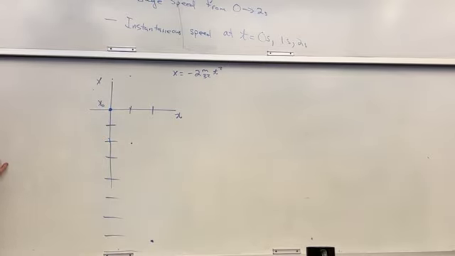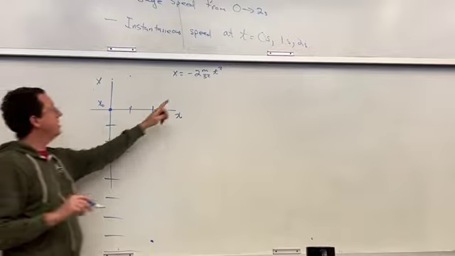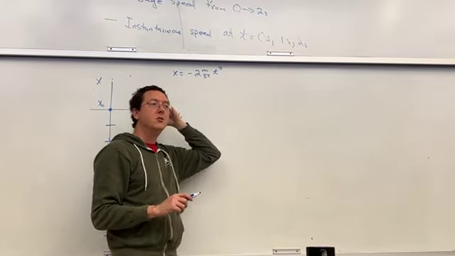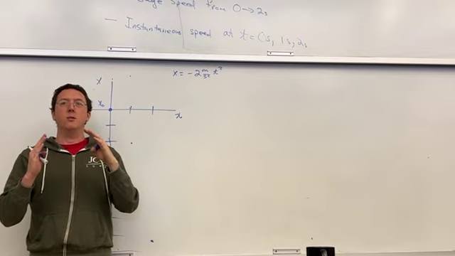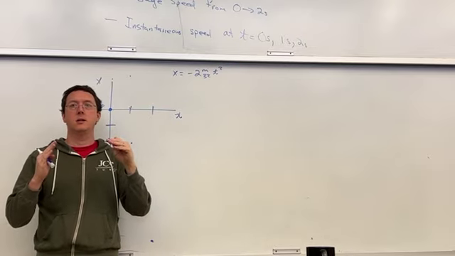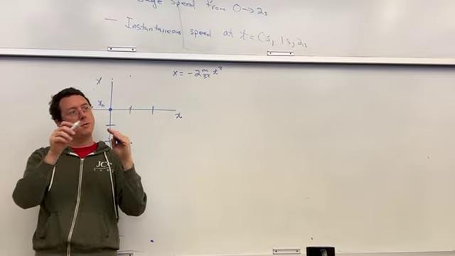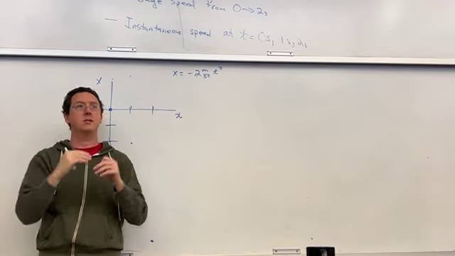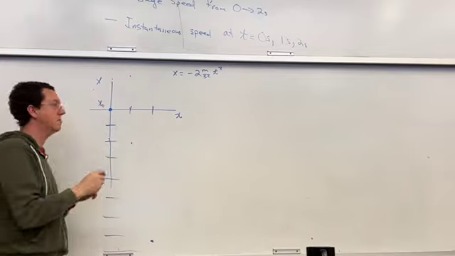Furthermore, this is a pretty simple parabola. You don't have the linear or constant terms. So what does that look like at the origin? Does anybody know? Does it have a slope? Is it tilted at the origin, or is it flat? It's flat.